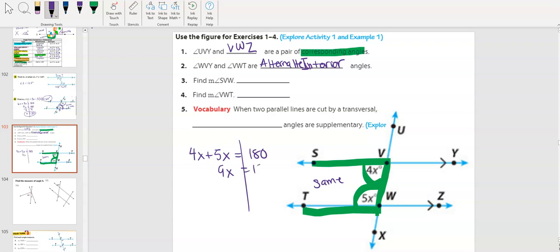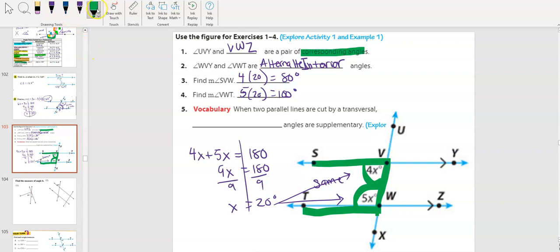And we actually end up getting the same problem as before. This doesn't always work out this way, but x is 20 degrees. I am now going to take the 20 degrees and plug it into the two equations. So 4 times 20 is 80 degrees, and 5 times 20 is 100 degrees.